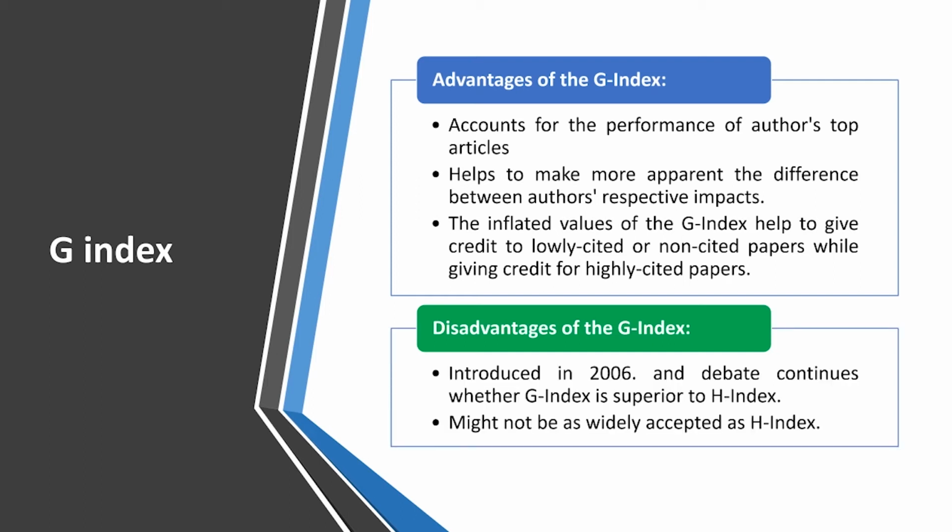After covering this I10 index and G index, let us discuss some other author metrics. These are the author IDs. Author IDs are the unique IDs given by databases which cover or index the articles of the researchers.